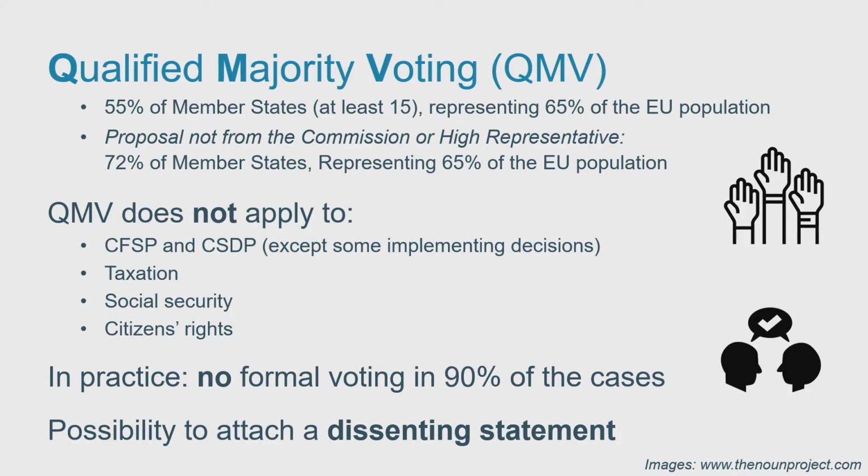As an alternative to a dissenting vote, member states can choose to attach a so-called dissenting statement to the Council minutes. In this way, they can avoid breaking the Council consensus culture, but still make their dissenting view on a certain aspect publicly known.